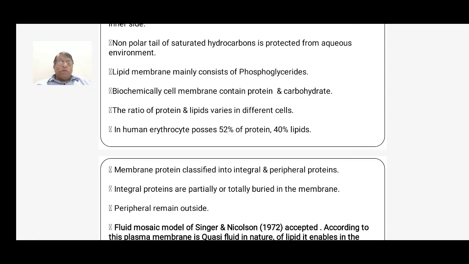How many types of proteins are there? Integral proteins and peripheral proteins. Sometimes we call them intrinsic and extrinsic proteins.